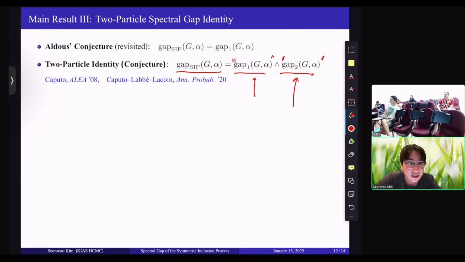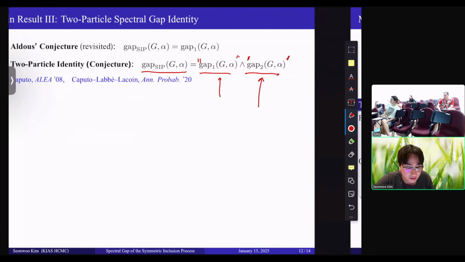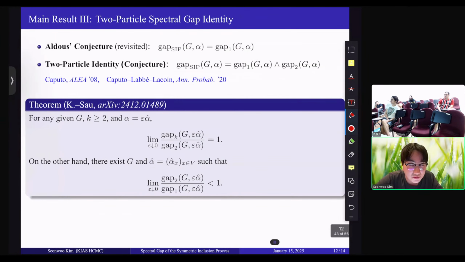And so we tried to prove this identity for our SIP, but in the end we were not able to prove the identity, but we had some result regarding the regime where epsilon goes to 0. So I'll explain. For any given number of particles k and graph G, and you remember that we decomposed the site weight alpha into parameter epsilon and fixed alpha hat, what we prove is as follows.